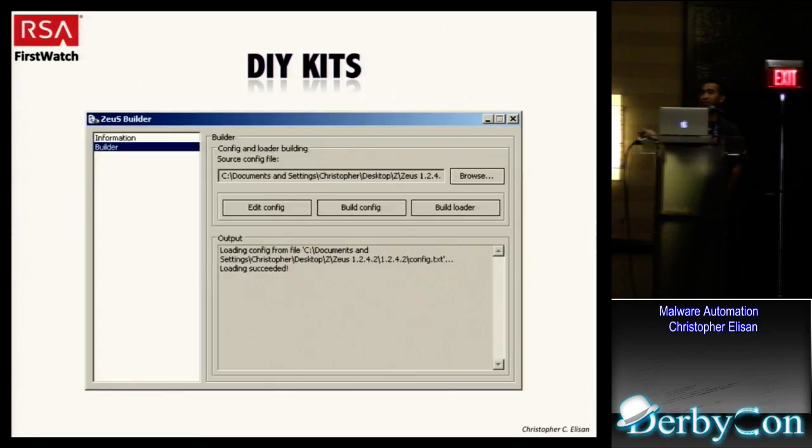Same with Zeus, it's also a financial targeting malware. It's a rival of SpyEye, but since all of the leaked copies came out, most of the malware writers actually combined the functionalities of these two kits to create a more powerful kit.